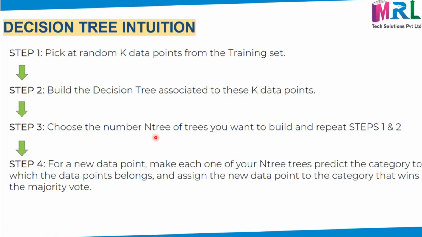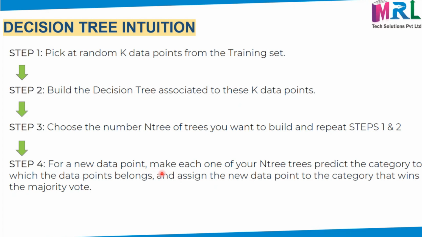Okay. After that, for a new data point, once you trained that, when a new data point is coming, the model will make each one of the trees predict, that means n trees. If you take 100 trees, the 100 trees will predict the values for this data point.